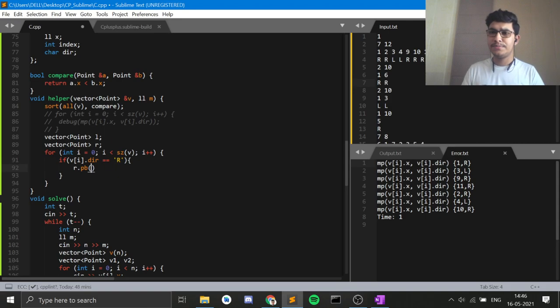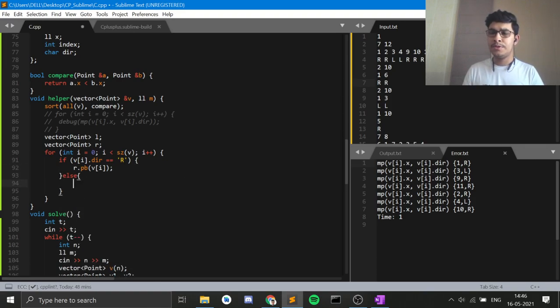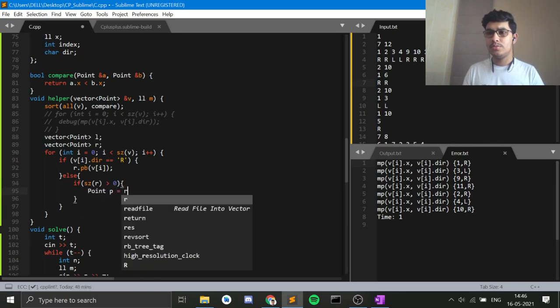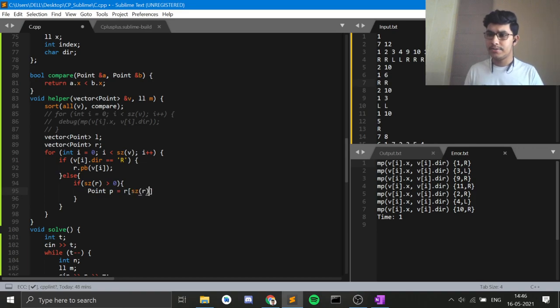R dot push back b at I. Else, if size of L is greater than 0, then point p equals to r at size of r minus 1.